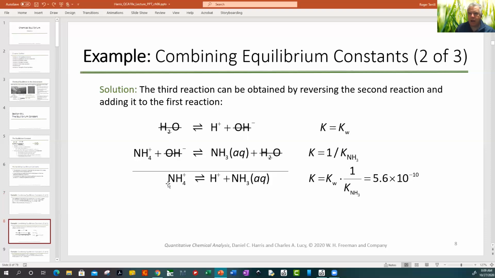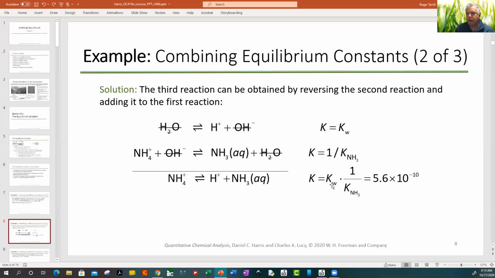And the net reaction that we have is NH4+ makes H+ plus NH3, right? And this is a valid balanced reaction. It's the aggregate of these two reactions, or the sum of these two reactions, I should say. And the equilibrium constant for this new reaction, K, is equal to Kw times 1 over K NH3.